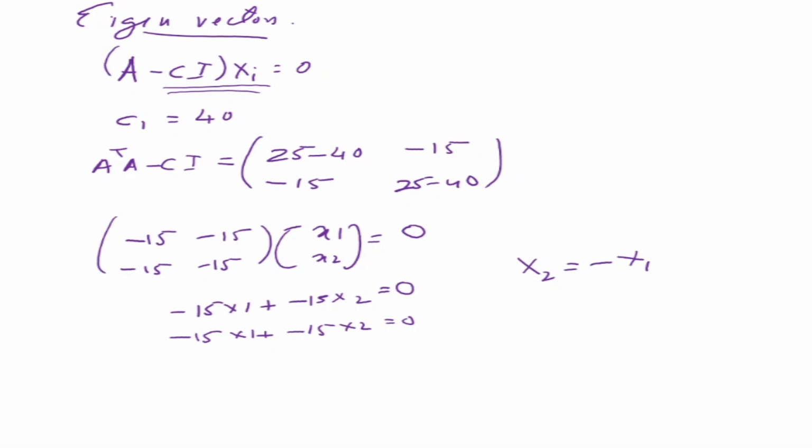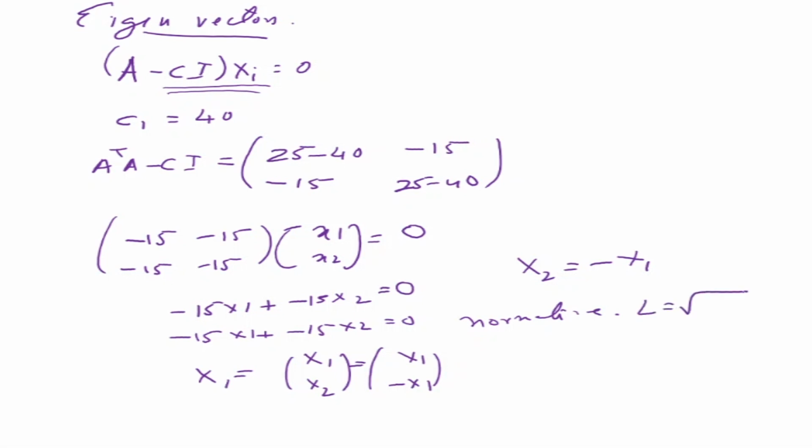So x1, x2 is equal to x1, minus x1. Next we normalize it. We normalize by dividing by L, the square root of x1 squared plus x2 squared, which is x1 root 2.